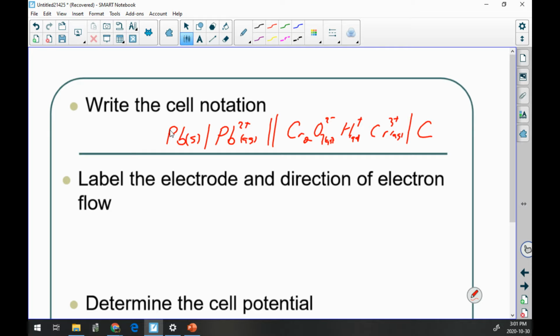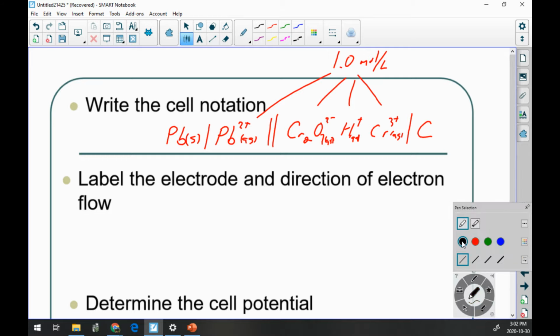Now, because we're talking at standard conditions, these guys are all 1 mole per liter, and we're at 25 degrees Celsius and 100 kilopascal. That's my SOA. That's my SRA.